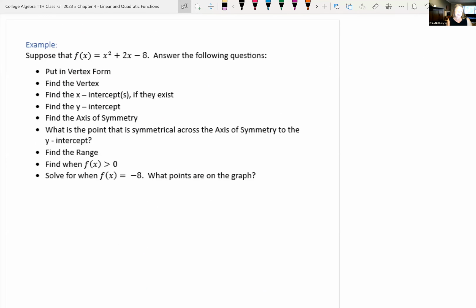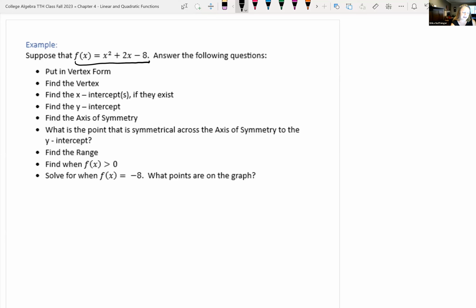Now we're looking at an example to put together what we've just talked about. So suppose that f of x is equal to x squared plus 2x minus 8, and we want to answer the following question. Put it in vertex form. And so let's start by doing that.